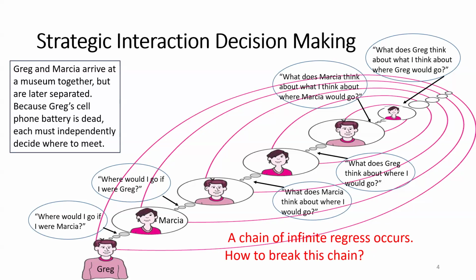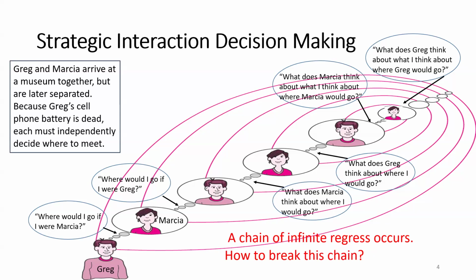Similarly, if you play a chess game, you make a move, but you have to think, if I make this move, what will be the response of the other player? The girl also has the same thought. So the girl will think, where will I go?